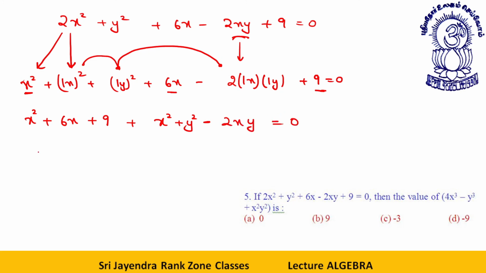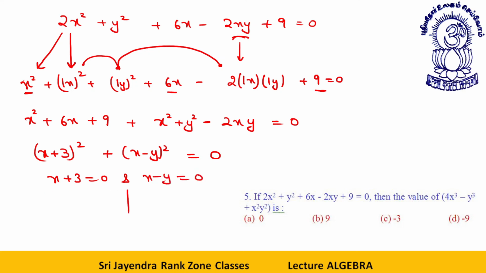Okay, so what we have is x plus 3 square plus x minus y square is equal to 0. So what do I get now? Sum of two squares is equal to 0. It directly means x plus 3 is equal to 0 and x minus y is equal to 0.